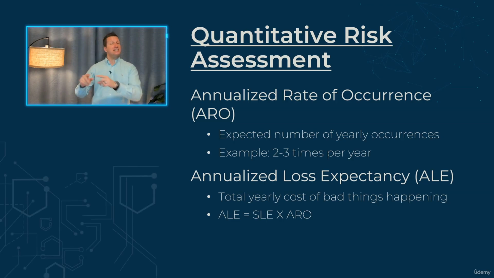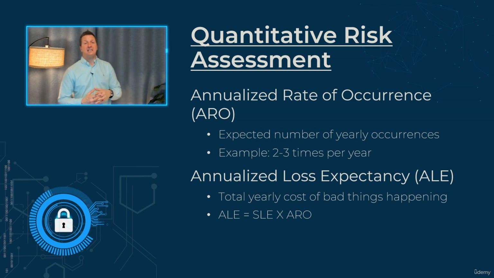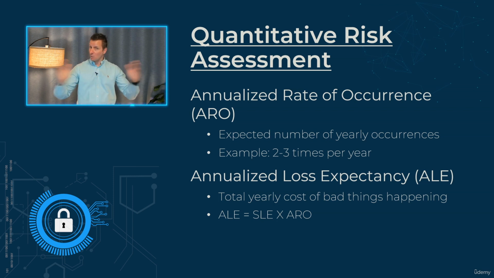And then we take it a step further by learning how to calculate the annual rate of occurrence, or the ARO. So this is the expected number of yearly occurrences, in our example, downtime for our e-commerce website over the span of a year. So what we can then do is say, well, due to past knowledge, we have experience that suggests that that might happen 2 or 3 times a year, as an example.